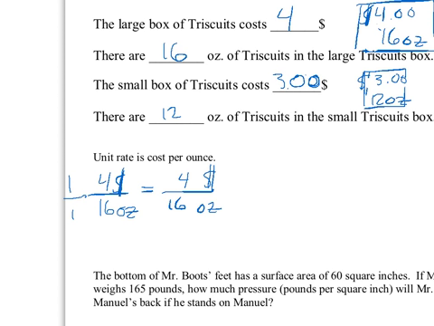If I want to know how many dollars per ounce, I'm going to do 4 divided by 16. 16 goes into 40 two times, which is 32. Remainder 8. Bring down the 0, which is 80. It goes in 5 times. I get $0.25 per ounce. That means for every ounce of Triscuits I'm getting, I'm paying 25 cents.